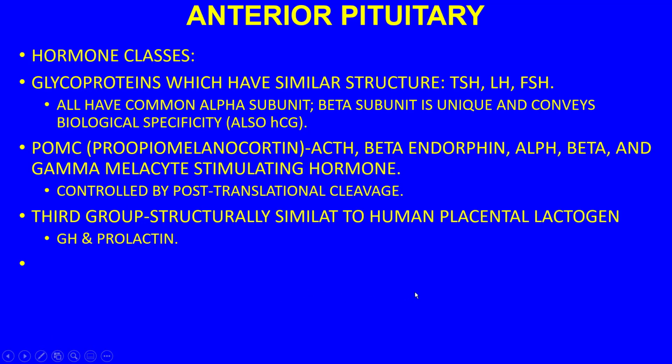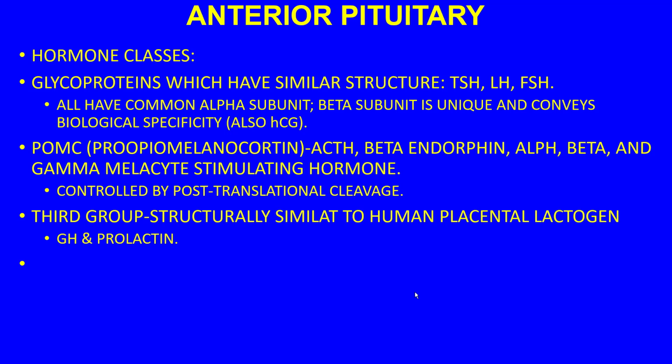When we look at the hormones released from the anterior pituitary, they have some similarities, and so they're put into 3 classes. Glycoproteins, which have a similar structure. They usually have an alpha subunit chain and a beta subunit chain, and the beta subunit makes it unique.